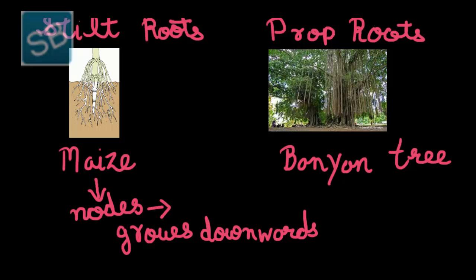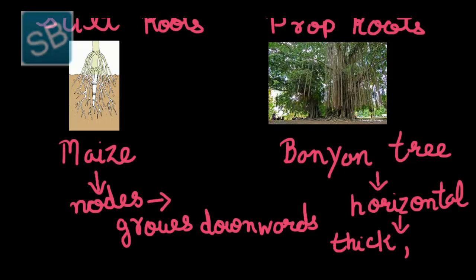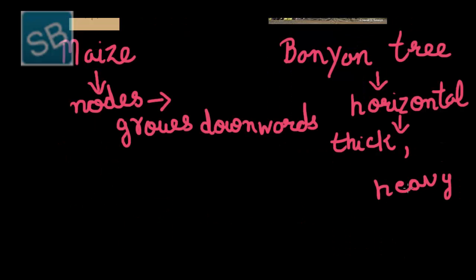As we all know, the root system of a banyan tree possesses a strong hold in the soil. Its aerial branches gradually develop horizontally and become thick and heavy. Due to their heavy weight, they may bend down. To prevent this, prop roots develop.